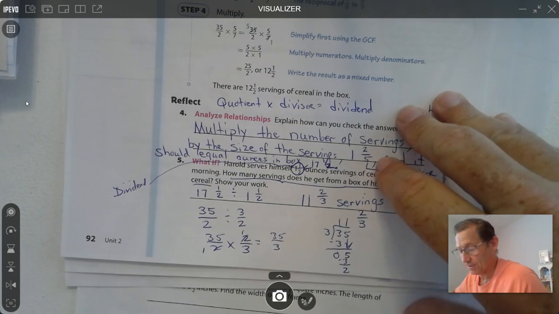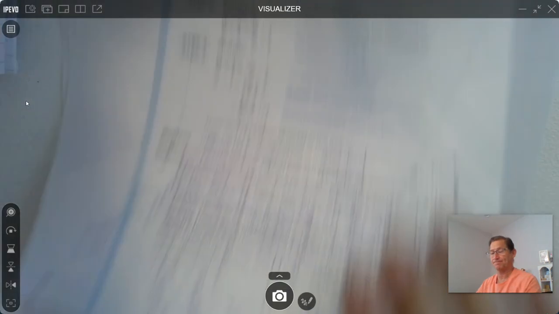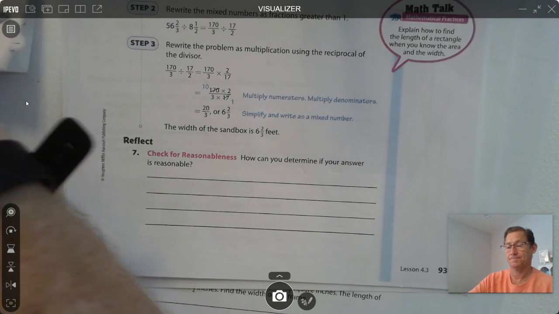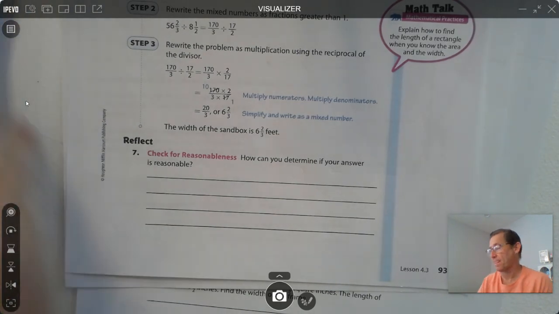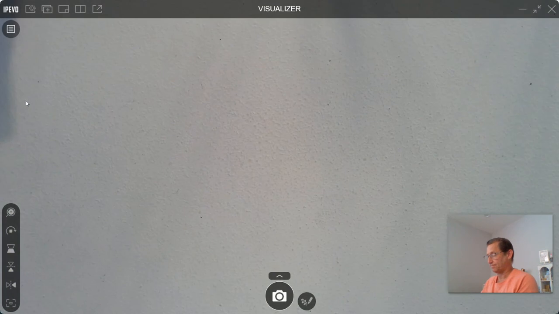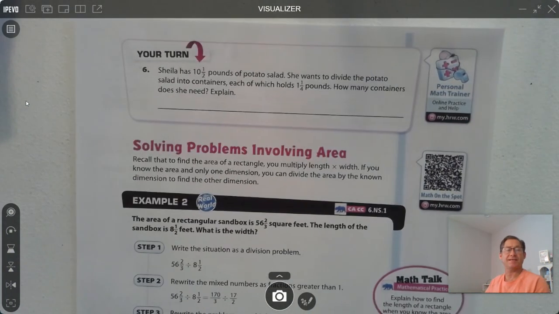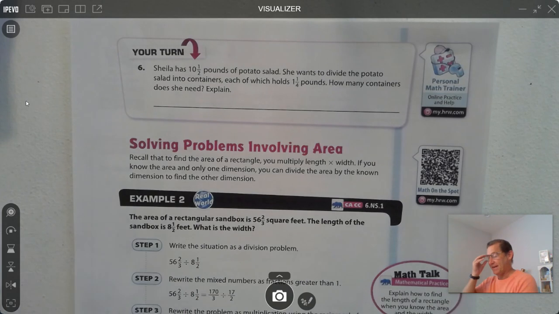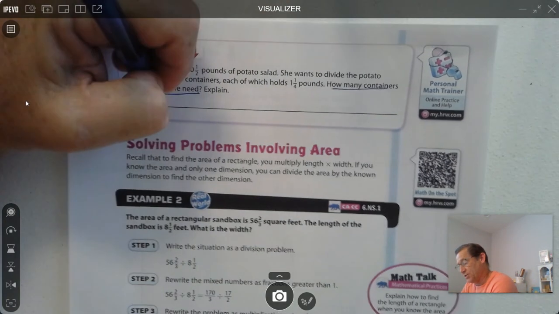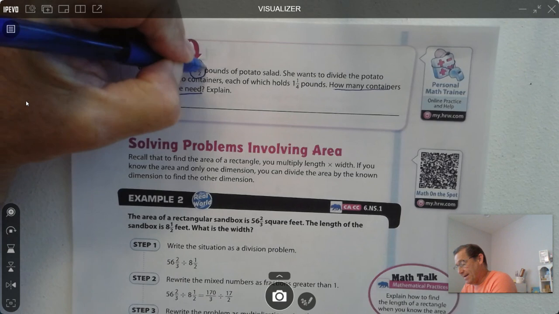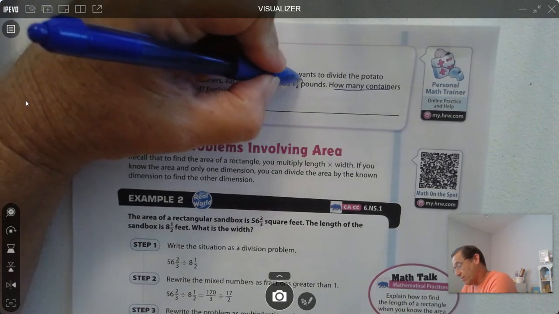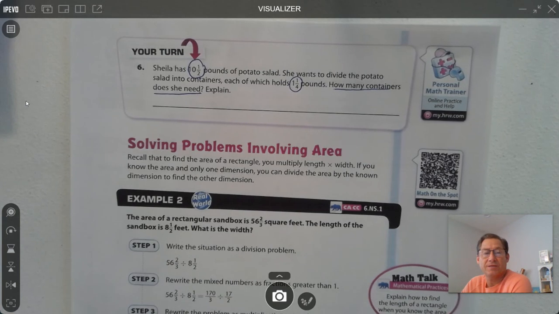All right, let's look at page 93. Number 6. Sheila has 10.5 pounds of potato salad. She wants to divide the potato salad into containers, each of which holds 1 1/4 pounds. How many containers does she need? So we're taking this 10.5 pounds and we're putting them in 1 1/4 pounds containers.